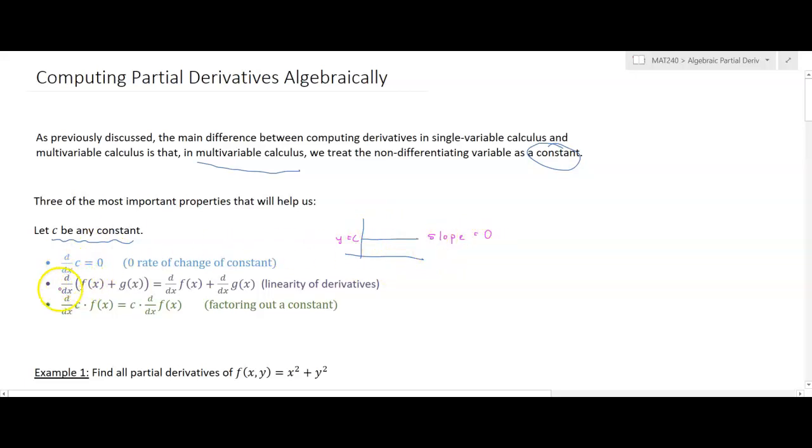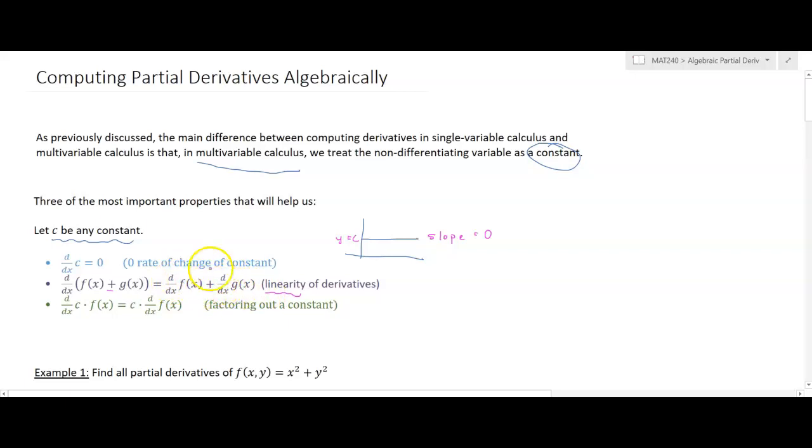Now, when we take the derivative of a sum or a difference of two functions, I'll put a plus or minus here, the derivative operator has a linearity property, meaning that the rate of change of the sum or difference of two functions is the sum or difference of the derivative of each of the two functions.